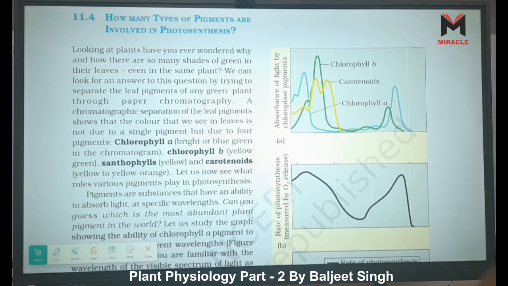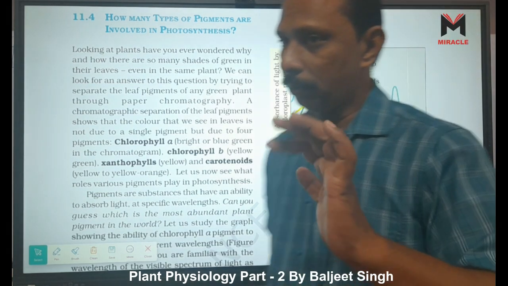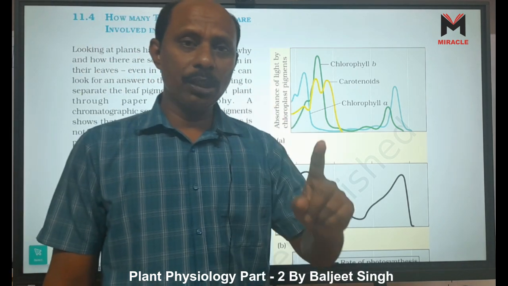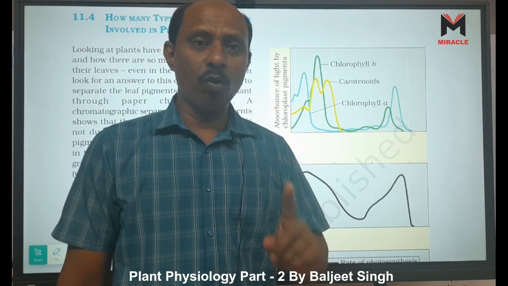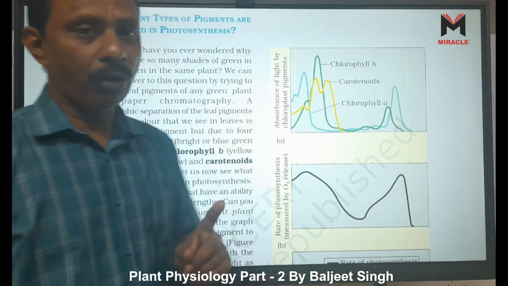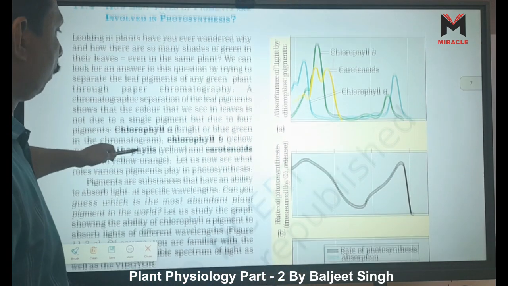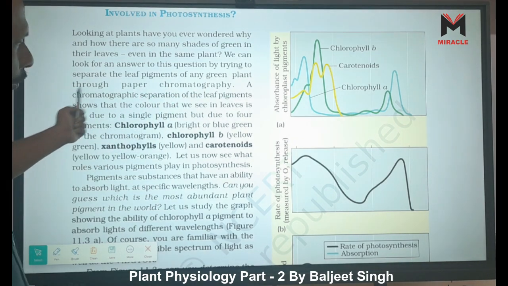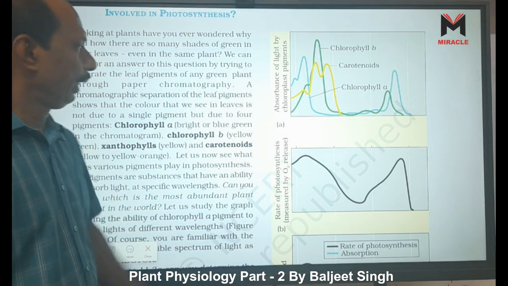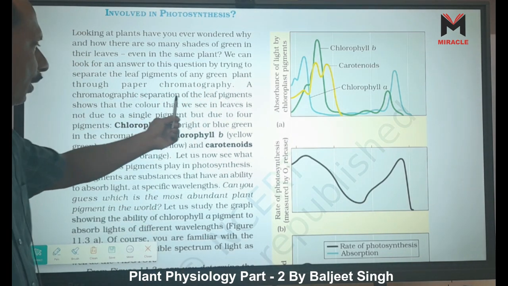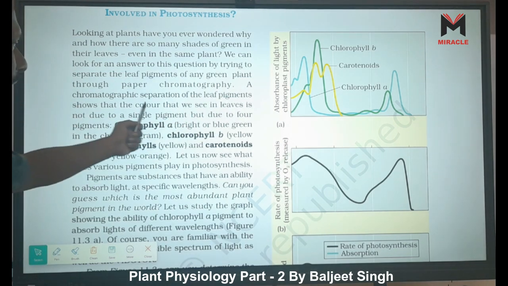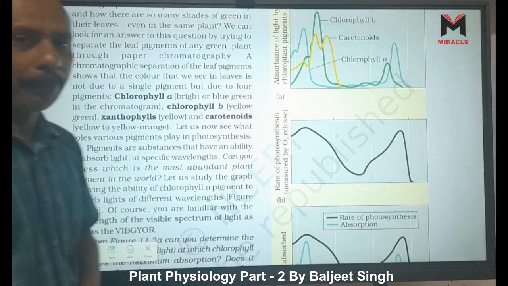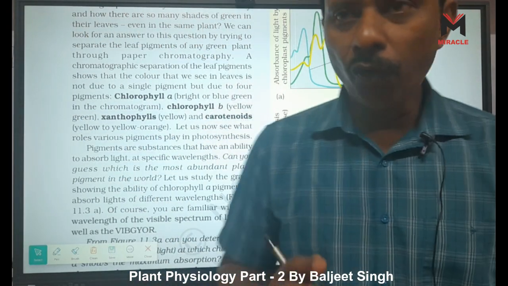In the previous chapter, when I was teaching you biomolecules, I said separation of pigments is done by chromatography. We use chromatogram paper, right? This is given here also: separation of leaf pigments through paper chromatography. A chromatographic separation of the leaf pigments shows that the colors we see in leaves are not due to a single pigment but due to the presence of 4 different pigments.